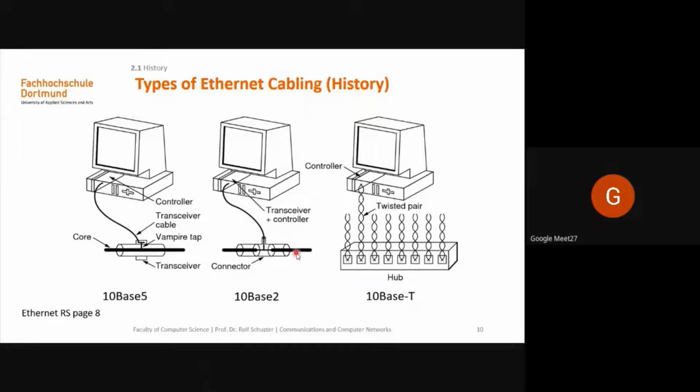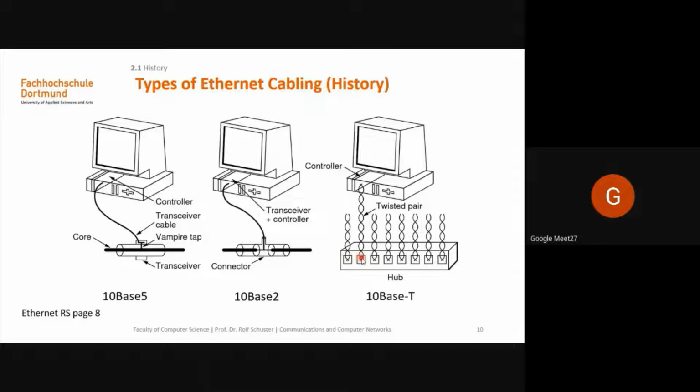What we need to know is that in the case of 10Base5 and 10Base2, we use shared media. In the case of 10BaseT or 10BaseF for fiber, we use a dedicated media.